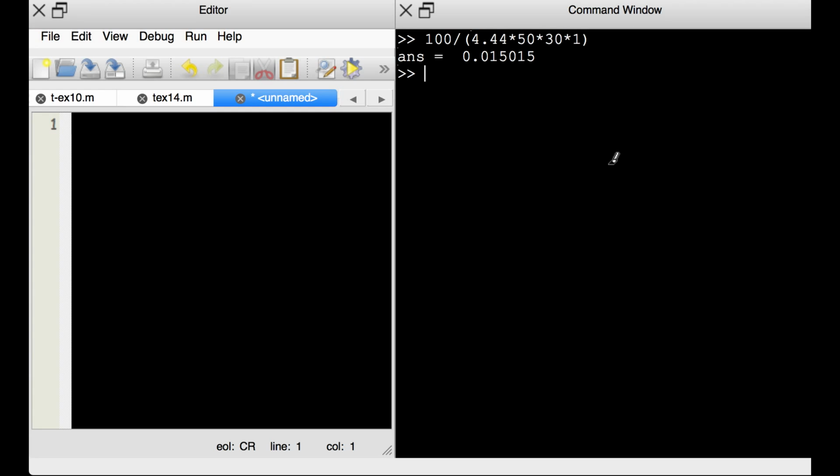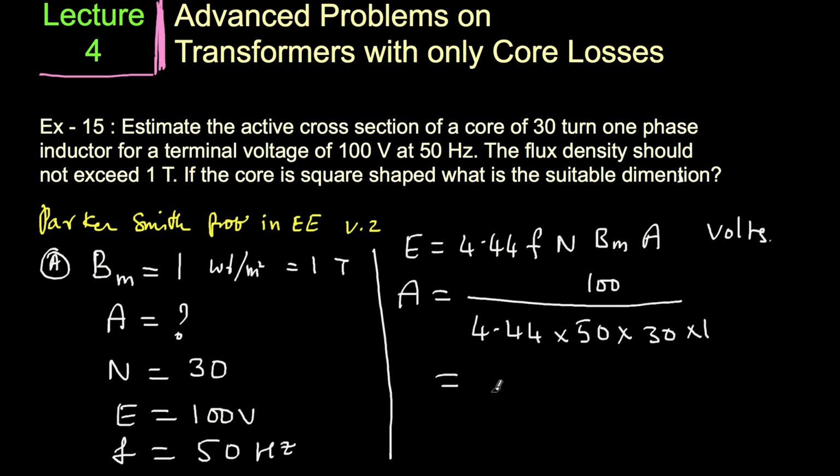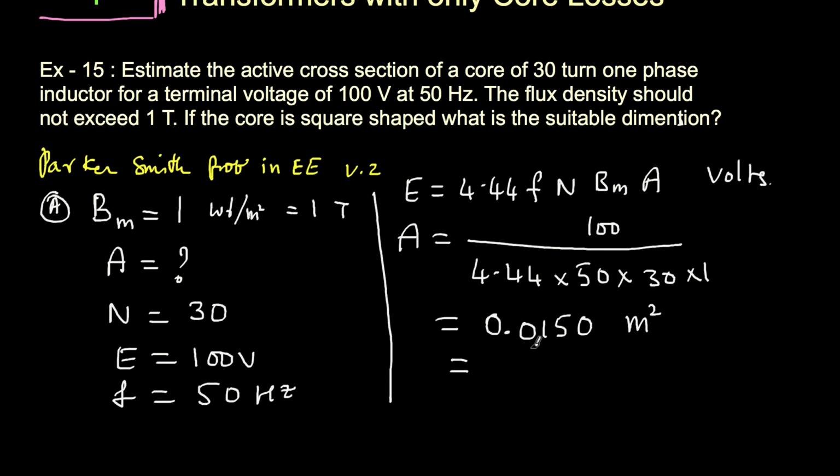So this is my area of cross section. I'm getting 0.0150 meters square, or in other words, this is nothing but 150 centimeter square. So this is the area of cross section that is required.